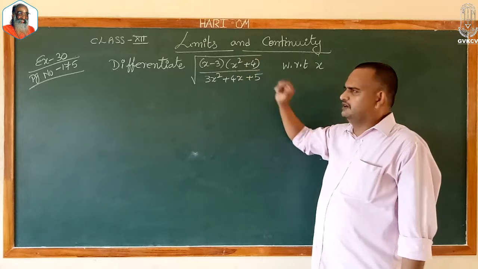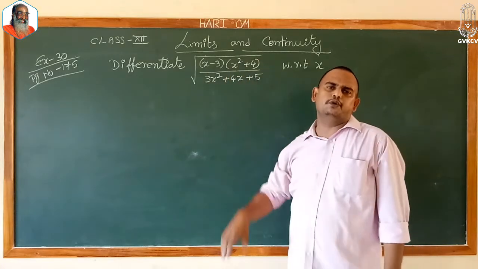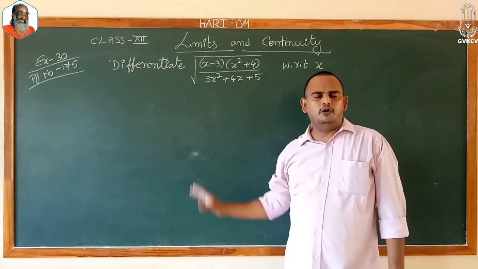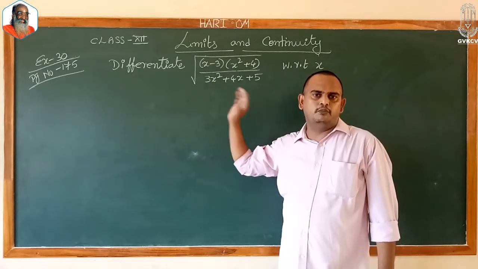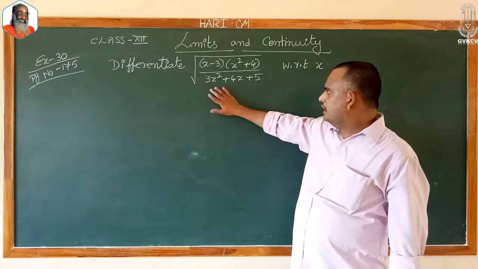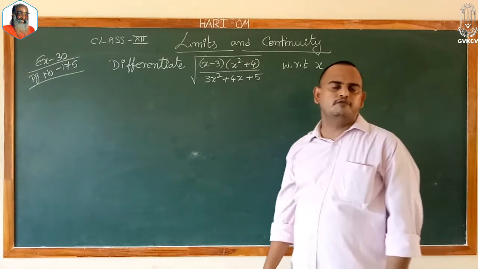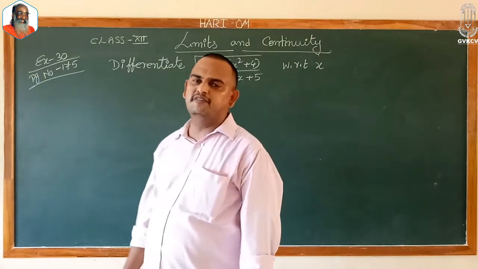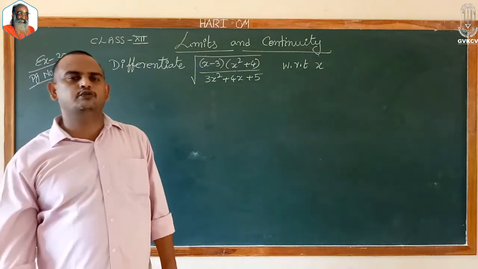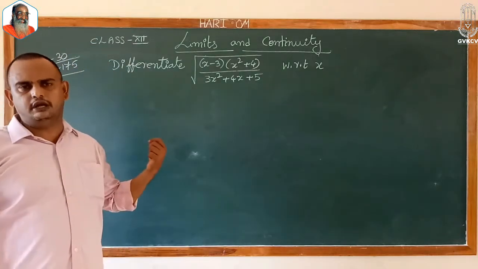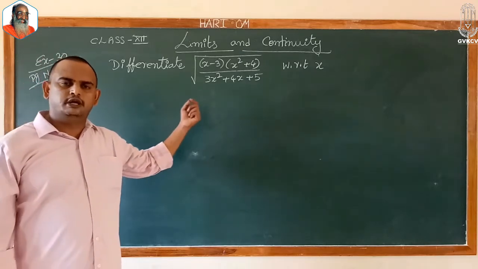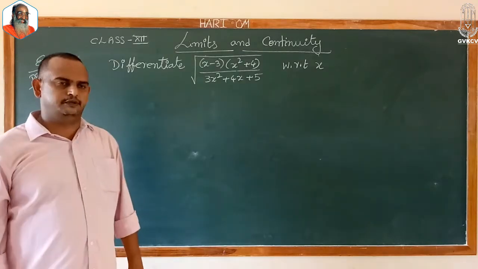We have different types of functions and we have a square root. Now, how to solve this problem? To solve this problem, we are going to follow the method of logarithmic differentiation. Let us observe carefully so that you can understand the concept very easily.